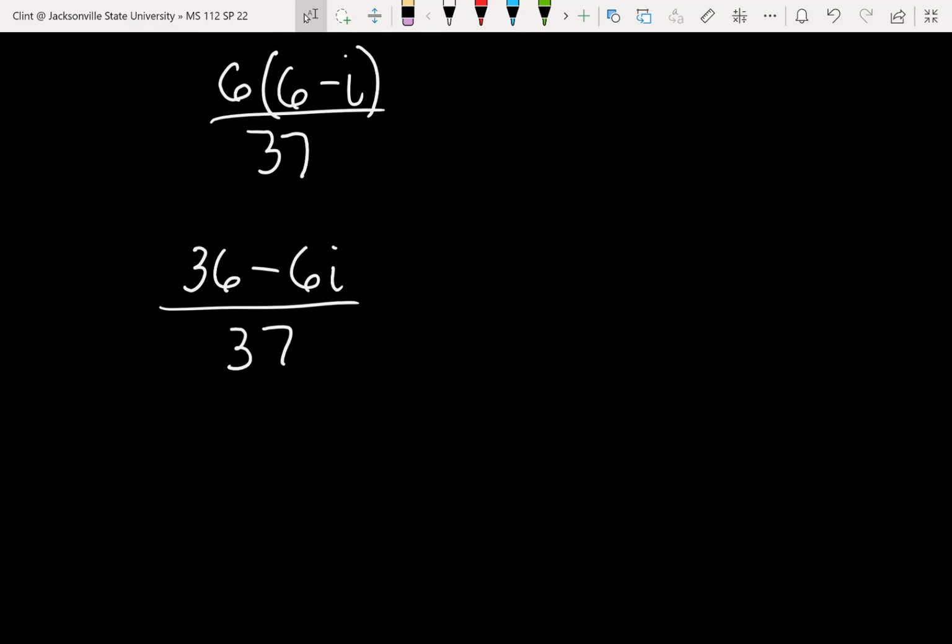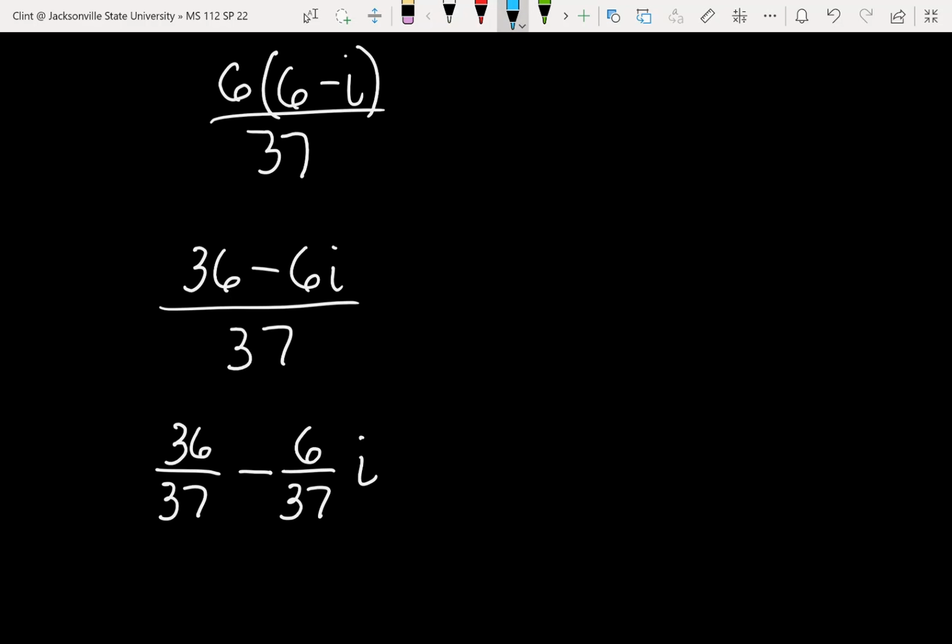One other thing we can think about is that now we've got multiple terms over a denominator, you can split it up. It means the same thing if you take each term in the top and put it over the denominator. And so we could write this as 36 over 37 minus 6 over 37.